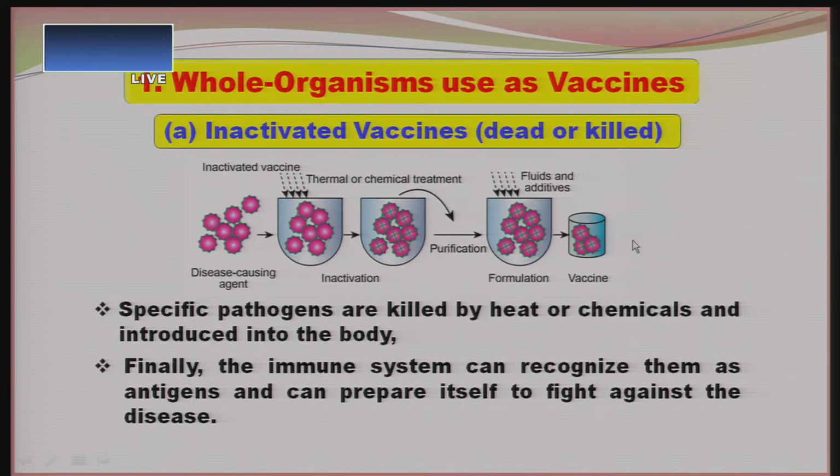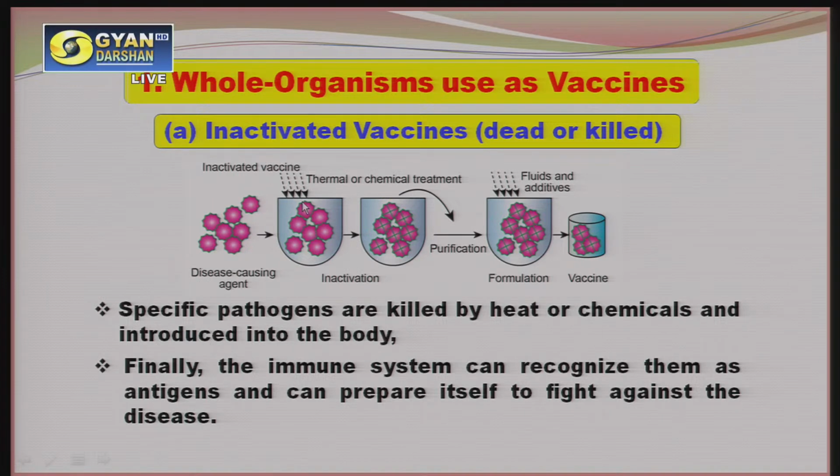They are able to produce T cells and B cells, and B cells produce the antibodies, and they can kill the pathogens. And T cells can recognize the antigen on the APCs, and ultimately the immune response will initiate. The specific pathogen is killed by heat or chemicals and introduced inside the body.